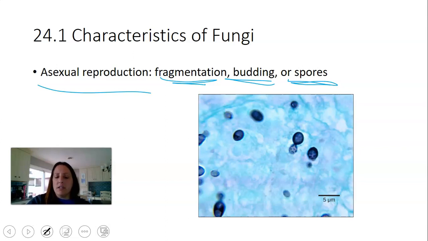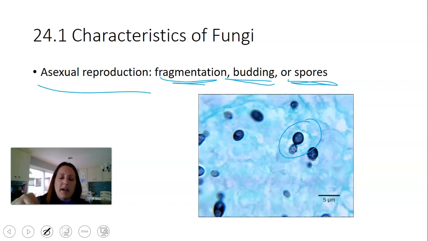Fragmentation is when a piece, usually of a mycelium, a piece of the body of the fungus, gets broken off for some reason and ends up somewhere else, and then it can still grow. So we've taken a fragment off of the main body, and it's been placed somewhere else, and it's capable of growth. Maybe a hyphal strand gets broken off, and wherever it ends up, it continues to grow and divide. Okay, that's fragmentation. Budding is shown here.